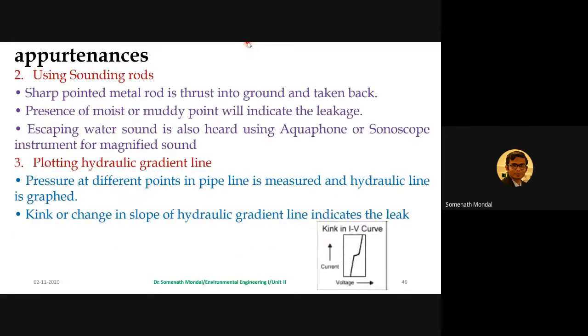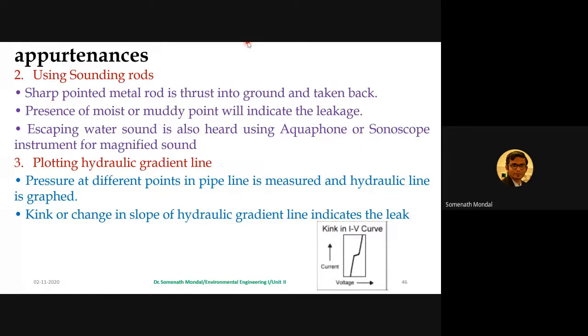Fine. Next one is using sounding rods. This is a more sophisticated method, I would say. In this case, a sharp pointed metal rod is thrust into the ground and taken back. Presence of a moist or muddy point will indicate the leakage.